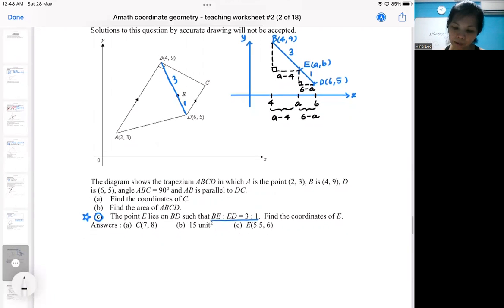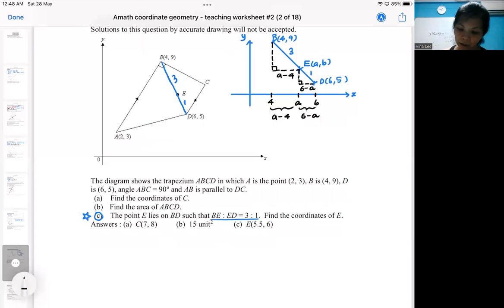So in such a case, if I take the base ratio, the smaller one over the bigger one, it will be 1:3. So if you cross multiply, you will be able to get the 5.5.